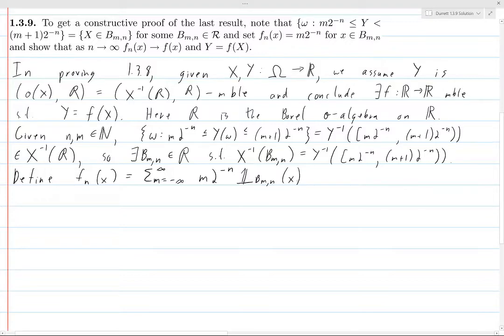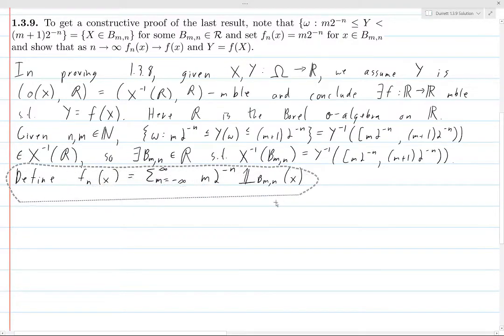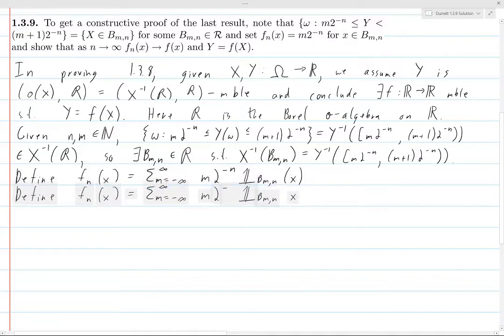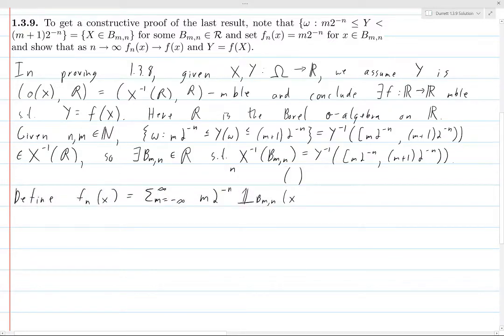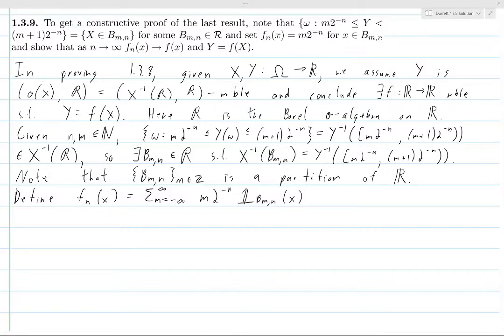so basically, if you think about this, one other thing that we should mention is that note the collection B_mn, where m ranges over all values in Z, is a partition of the real line R. Because basically what you do is you take the real line and you break it up into intervals of length 2 to the minus n, and then you just put these all next to each other.